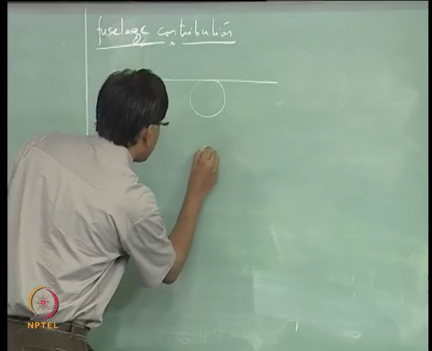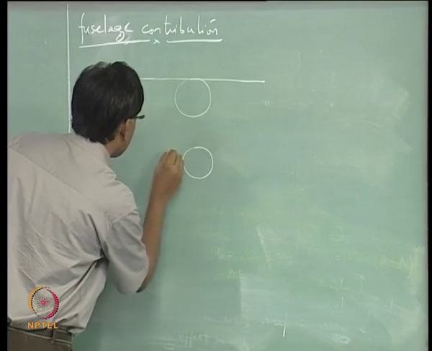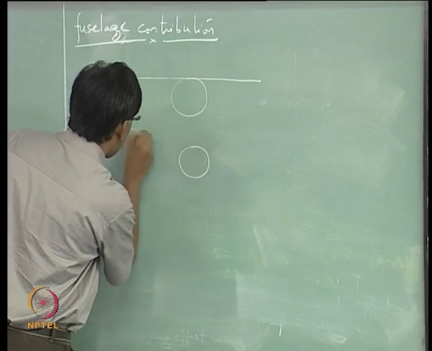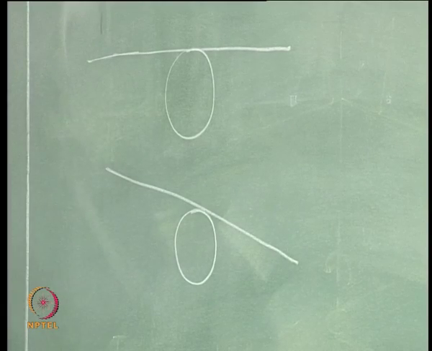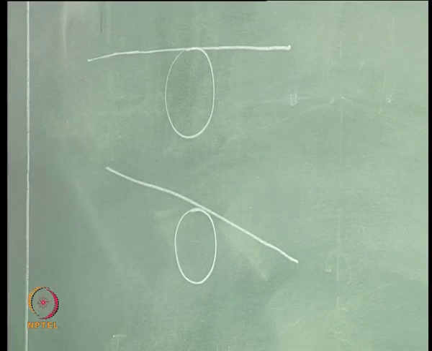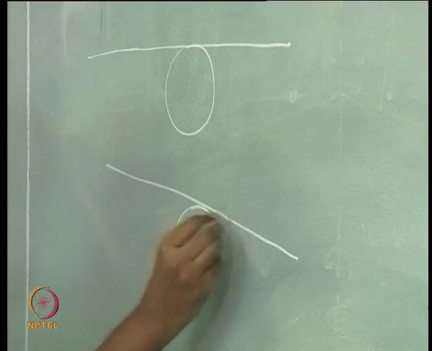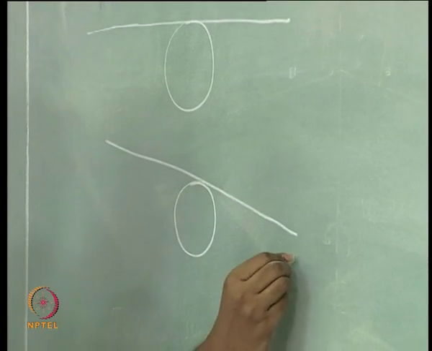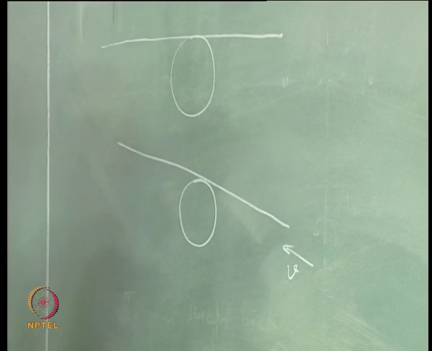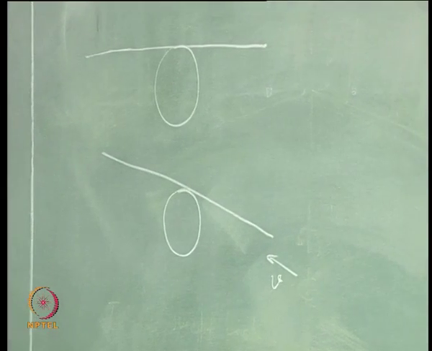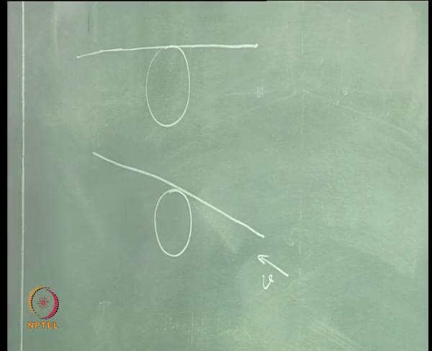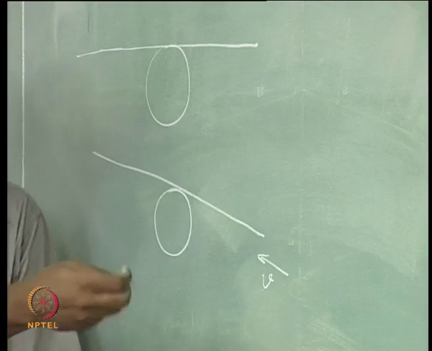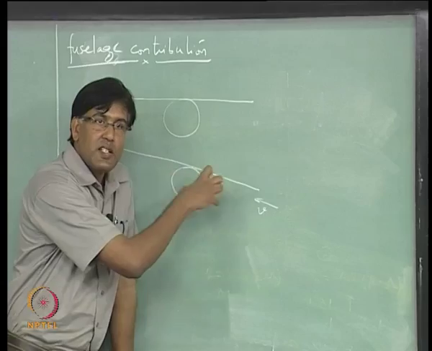So, now there is a velocity wind coming from the side, right. Let us see how typically air will move when this is the situation.